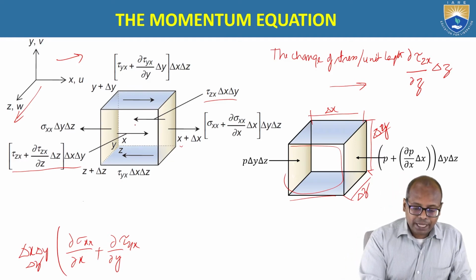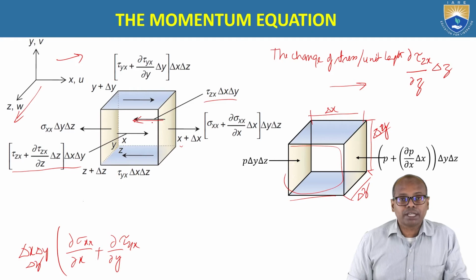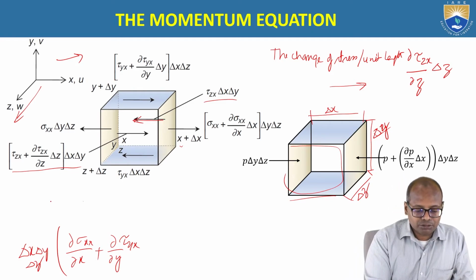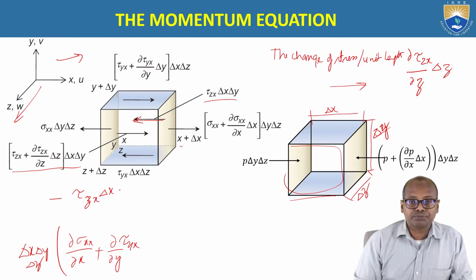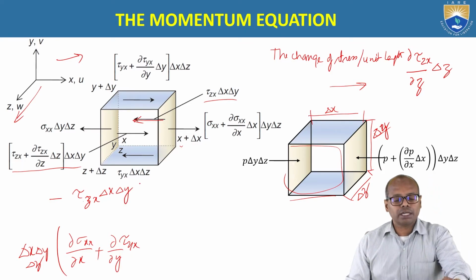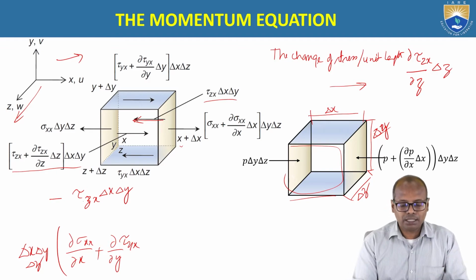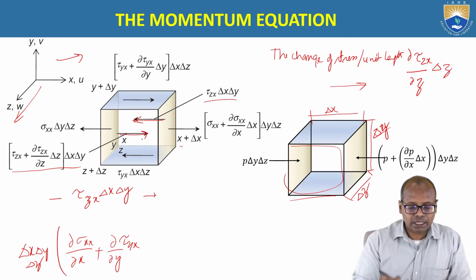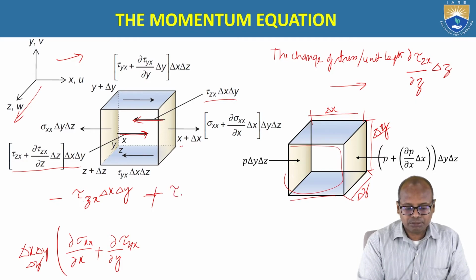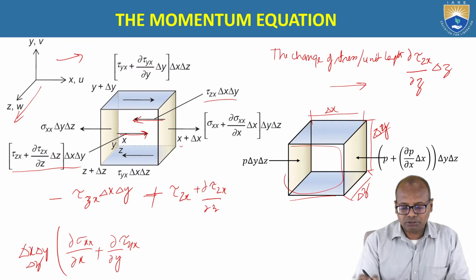Now the force on the back face is acting in the negative direction. So it will be minus tau zx delta x delta y. Now the force acting on the front face is more than this and it is acting in the positive x direction. So it will be equal to plus tau zx plus dou tau zx by dou z into delta z into delta x delta y.